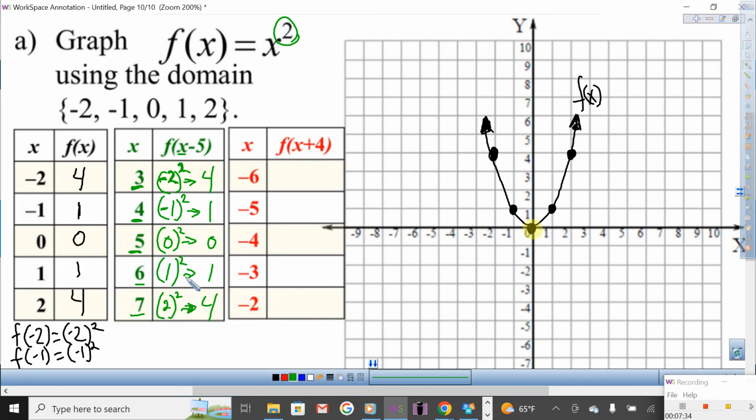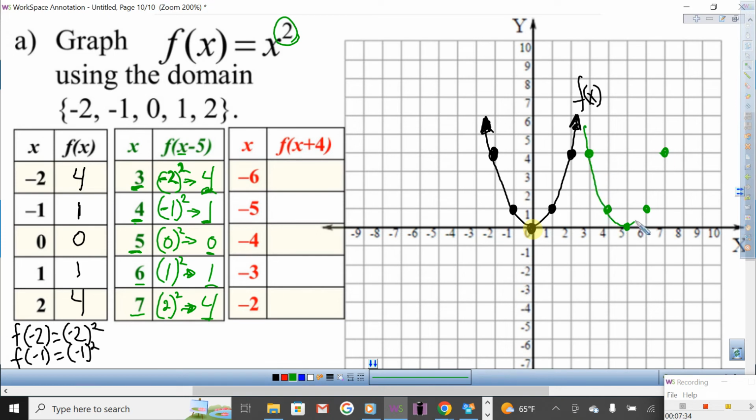All right. Let's plot those. 3, 4. 4, 1. Now I'm doing this in green. 5, 0. 6, 1. 7, 4.